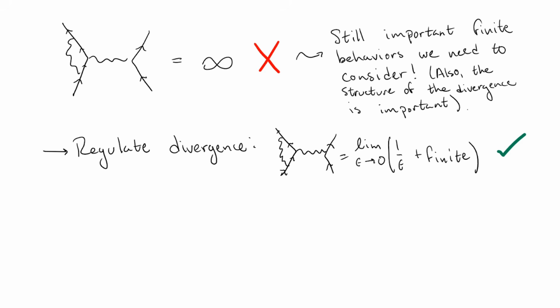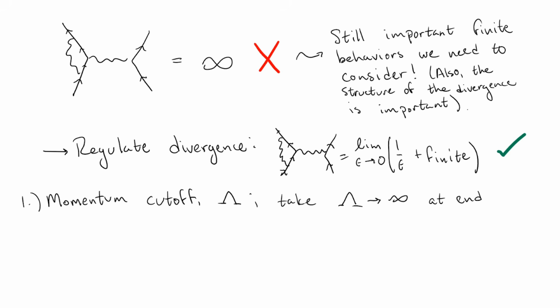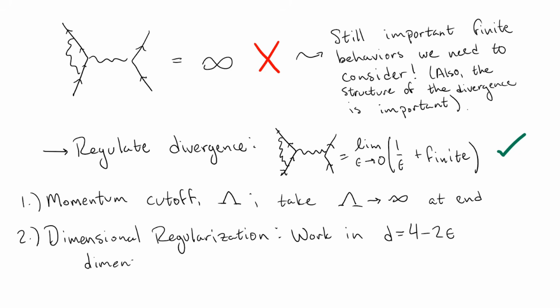This can be done in many different ways, but two of the most common are to simply impose a maximum value that the loop momentum can take, known as a momentum cutoff scale, and eventually take the limit as this cutoff scale goes to infinity. Or we can work in an arbitrary number of dimensions, known as dimensional regularization, and take the limit as the number of dimensions goes to 4.